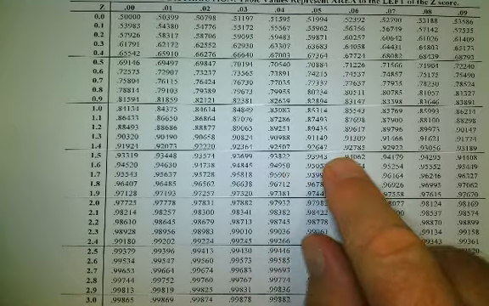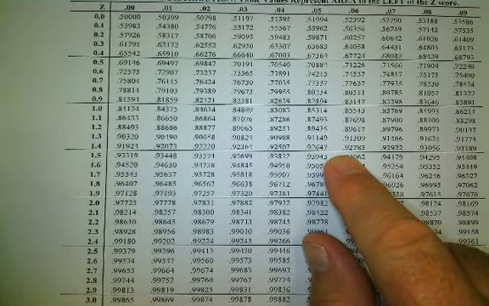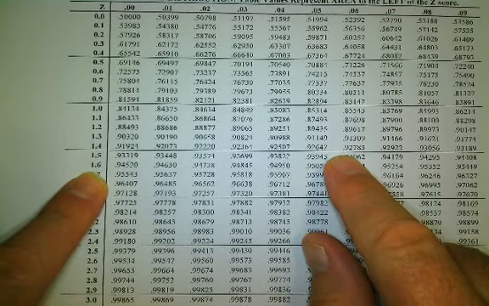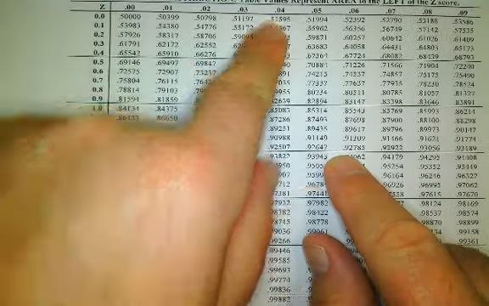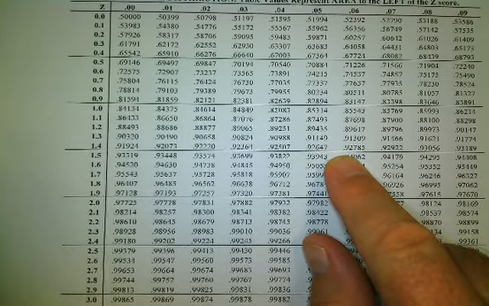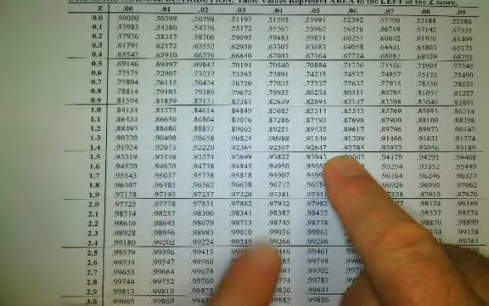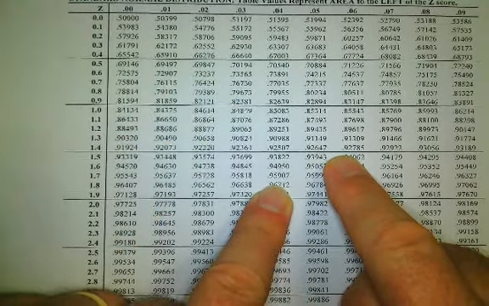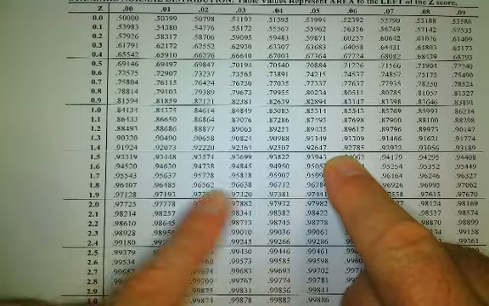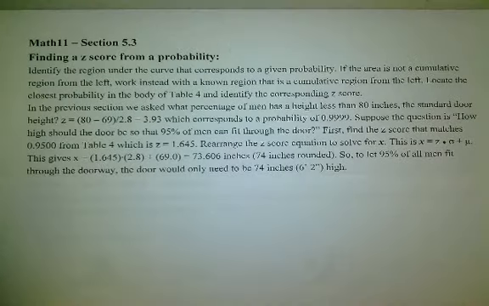If you fall halfway in between, 0.9495 and 0.9505, we end up being 0.95, exactly halfway between those two, and so we would end up with 1.6, and then this one's 4, that one's 5, and so we're going to end up with 1.645 as our z-score. So again, we look in the table for the area that matches the probability we're interested in, and then we go to the side and the top to find the z-score.